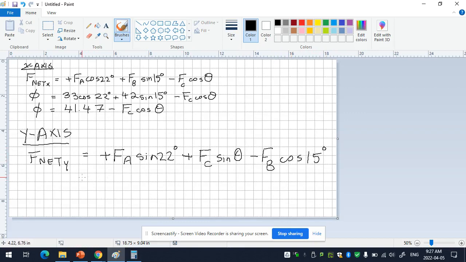Okay, let's put the numbers in. FA was 33 sine of 22 plus unknown, unknown, minus FB, which is 42 cosine of 15.